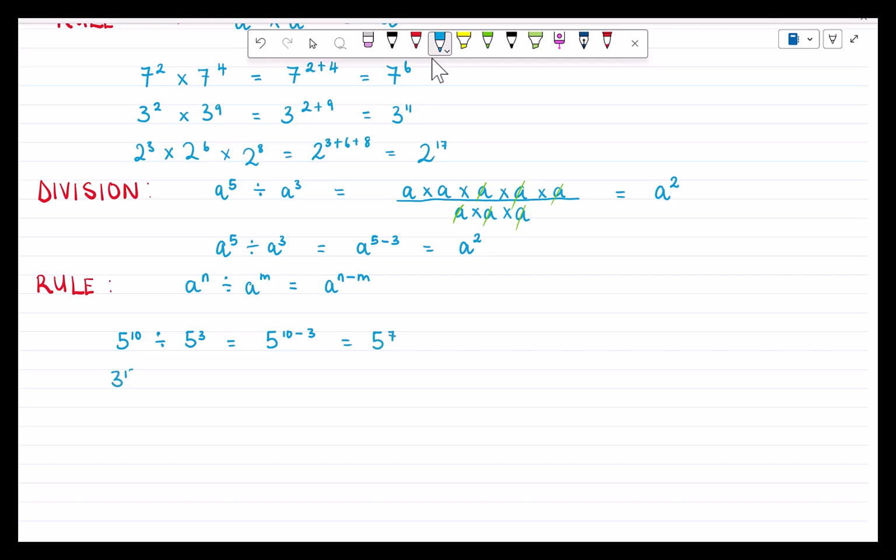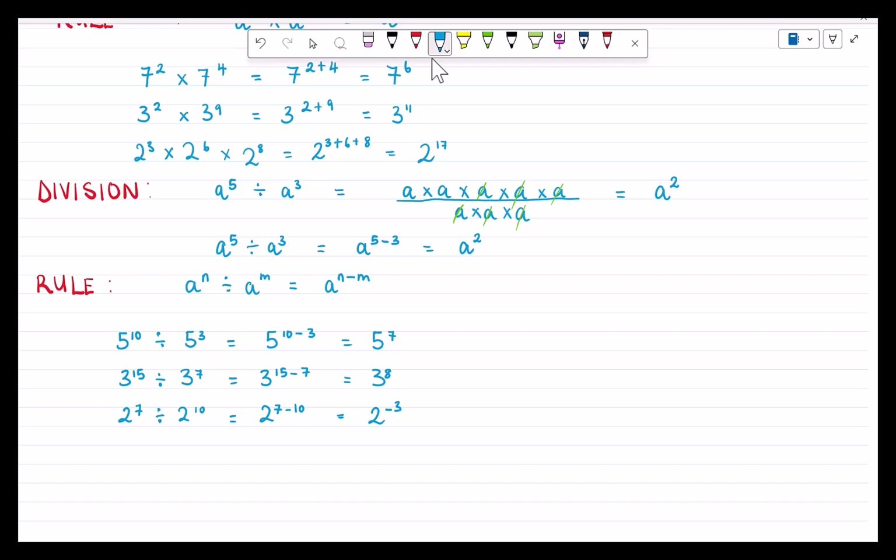Then we have 3 to the power of 15 divided by 3 to the power of 7, which is equal to 3 to the power of 15 minus 7, and we get our answer as 3 to the power of 8. And lastly, we have 2 to the power of 7 divided by 2 to the power of 10, which is equal to 2 to the power of 7 minus 10, and we get our answer as 2 to the power of negative 3.